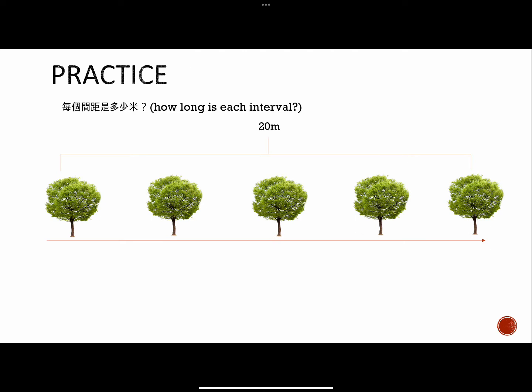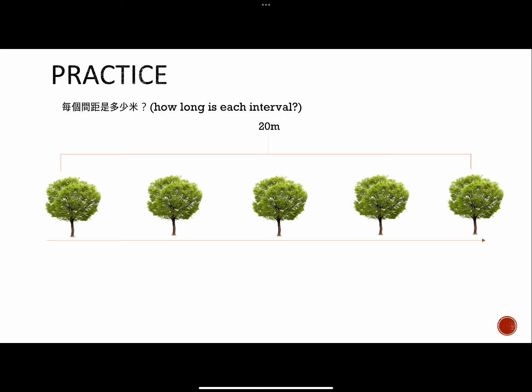Let's try another question. It is the same as the last question, which is asking about the interval length. The road is 20 meters long, and there are 5 trees planted in total. Again, we need to find out how many intervals there are first.